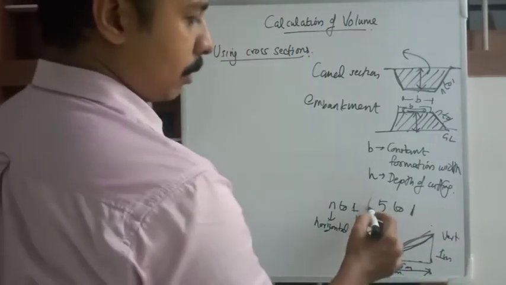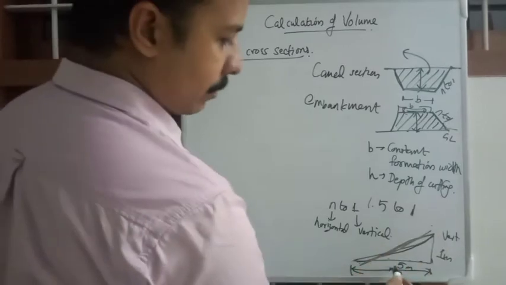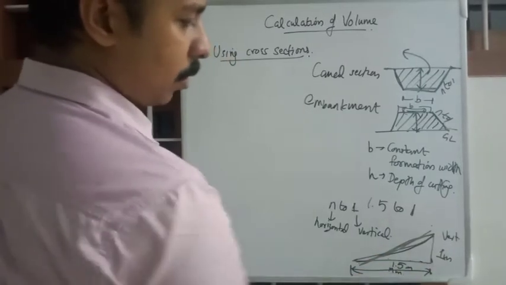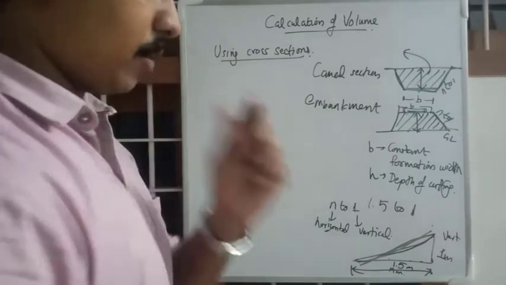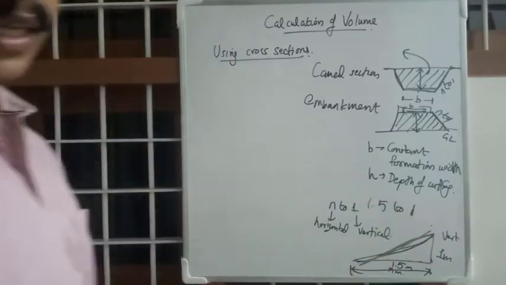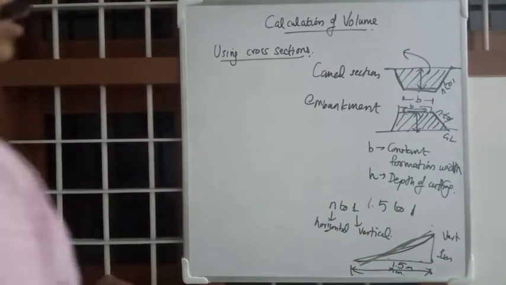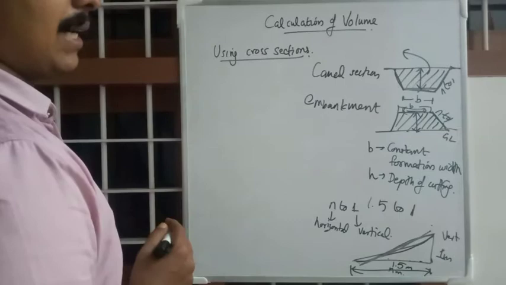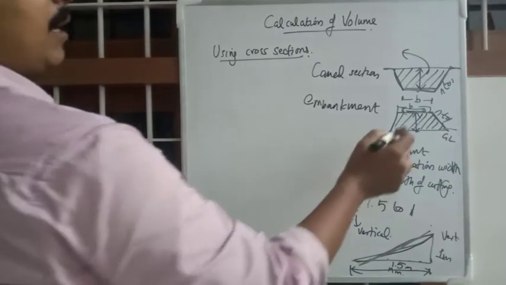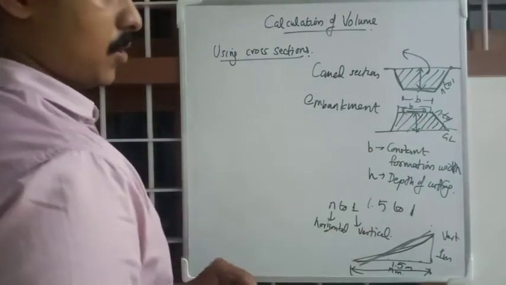If it is 1.5 to 1, that means 1.5 meters of horizontal distance to get 1 meter vertical distance. So those are the parameters N, B and H.